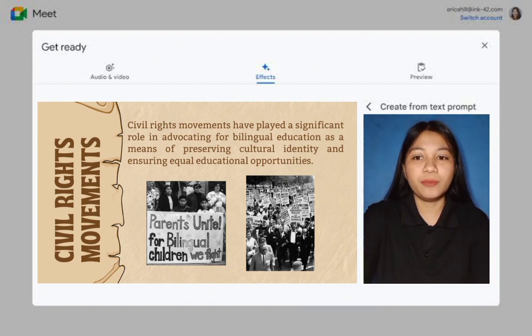This civil rights movement, intending to end discrimination based on race, color, religion, or national origin, also furthered in education. As a result, bilingual education programs were expanded and improved to better serve these students.